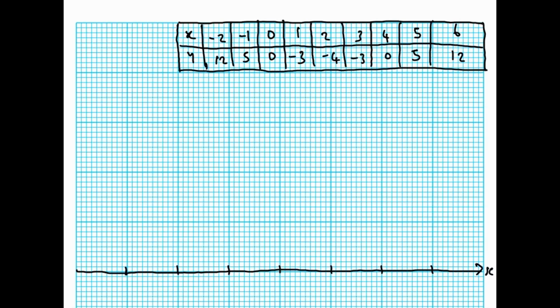Here we have how many points? 1, 2, 3, 4, 5, 6, 7. So this last one should be the 8th. Unfortunately our graph paper is a bit small, but it's not something to worry about a lot. So at this end we have -2, then here we have -1. Here is 0. Then 1, 2, 3, 4, 5. Then at the end, 6, like this.